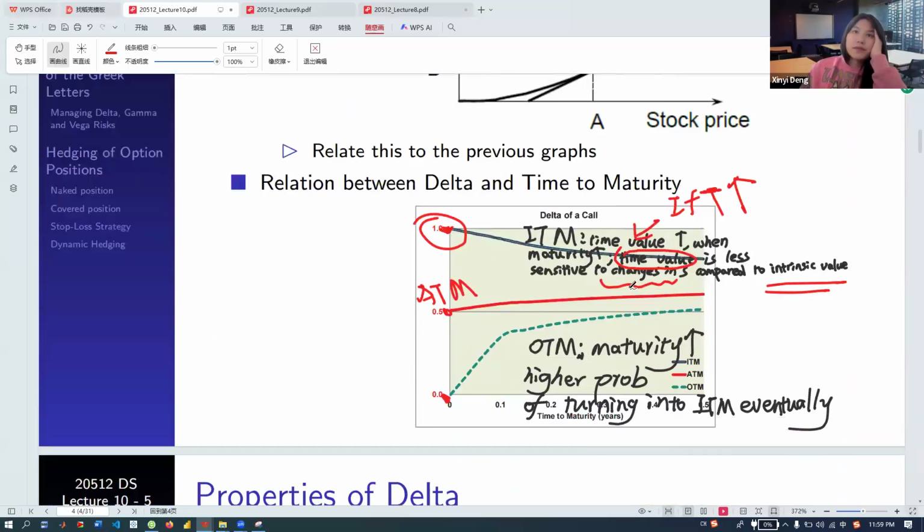As we said, at the money options just have a 50-50 chance of being in the money. Of course, that chance would be closer to 0.5 when the time to maturity is just 0.